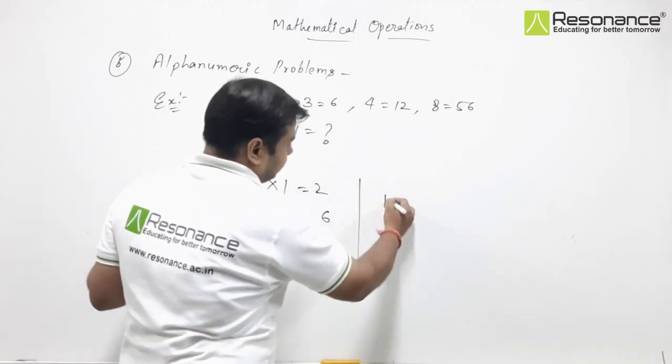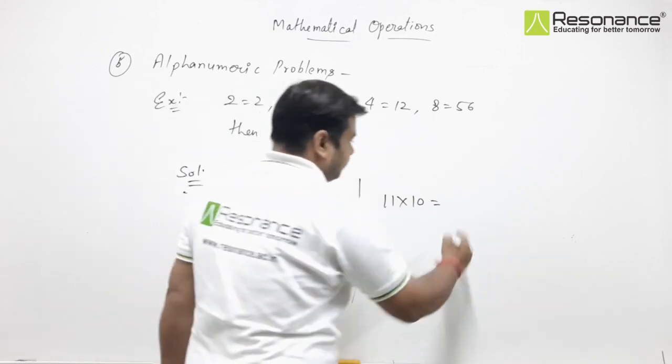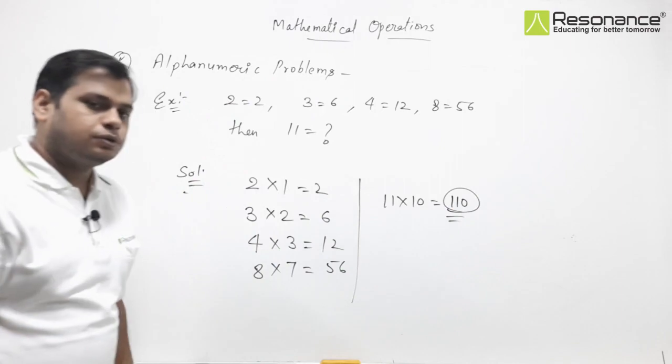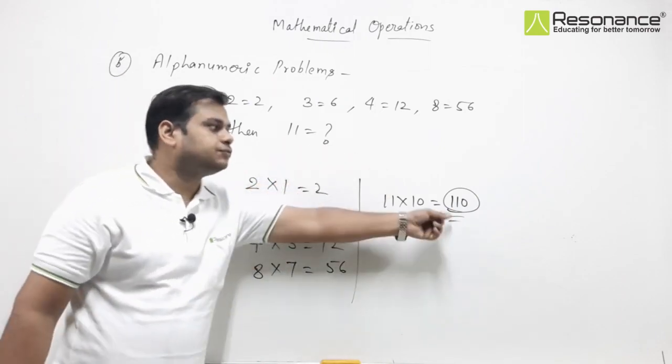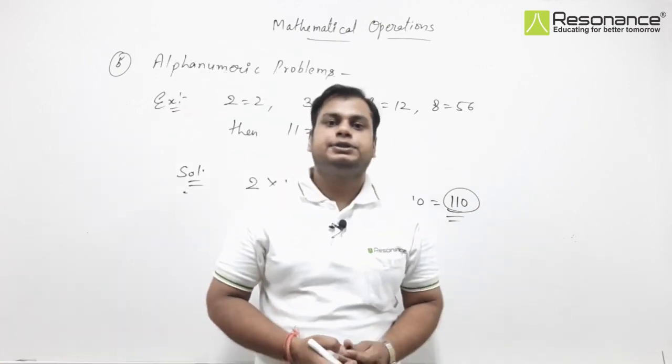So to find the answer, 11 should be multiplied by its preceding number. So 11 multiplied by 10 will give us 110. So the answer of this is 110. This is how we have to solve these questions.